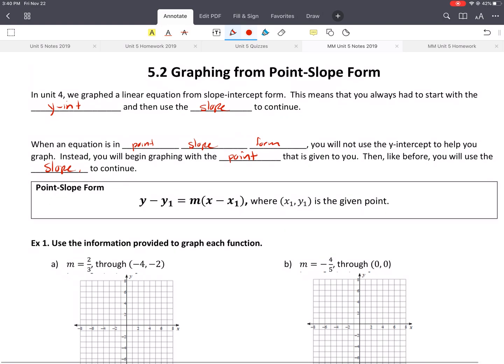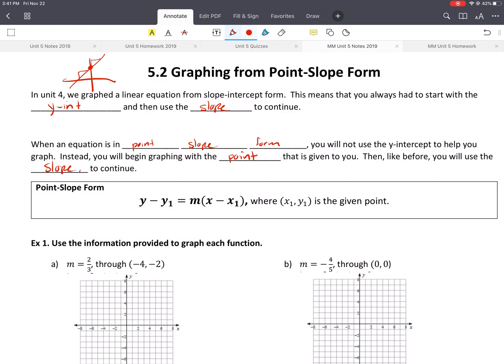In the past, whenever we graphed, if we had it in slope intercept form, like y equals mx plus b, all you needed to do was plot the y-intercept, and then do the rise over run to get your graph.